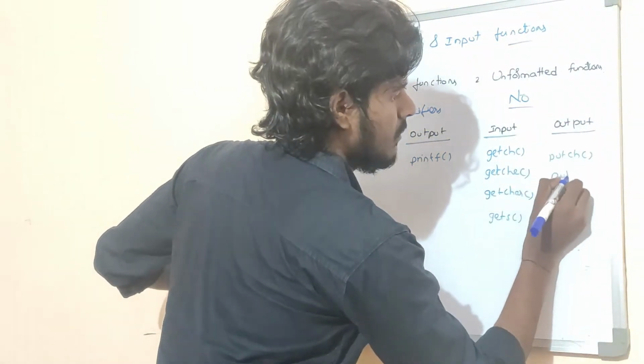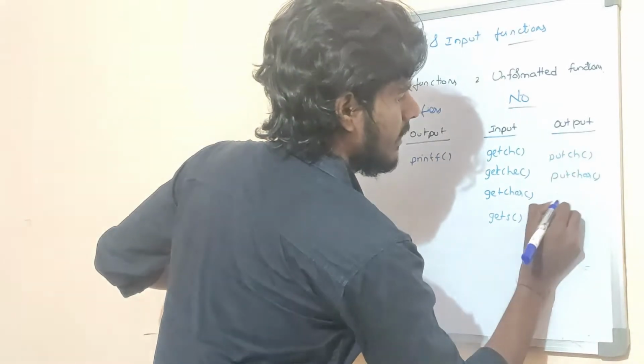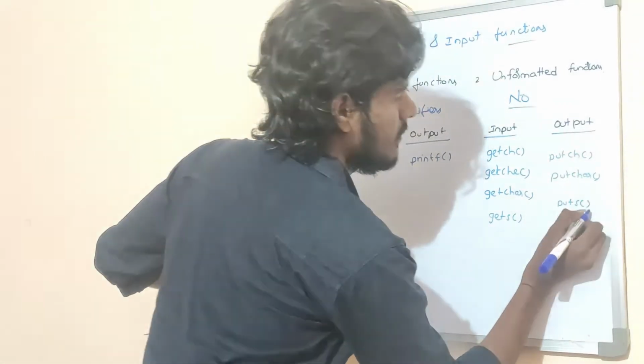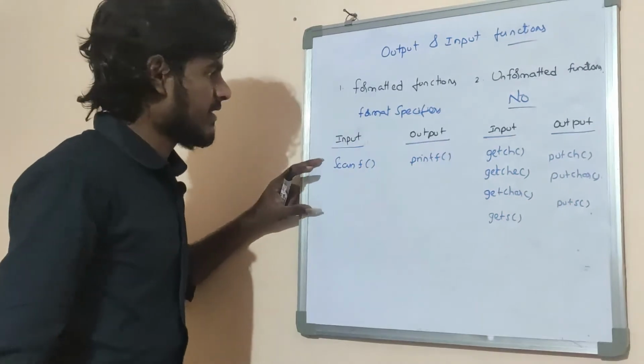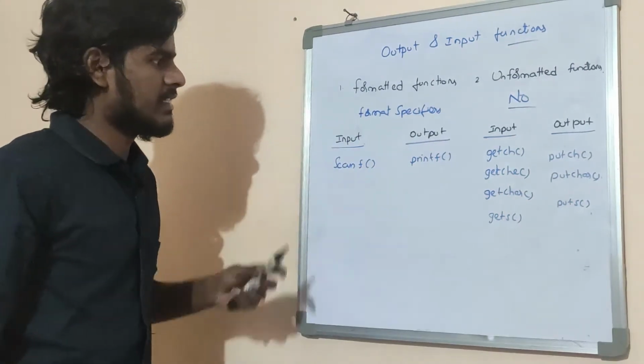The output functions are putch, putchar, and puts. Okay, these are the various input and output functions in C language.